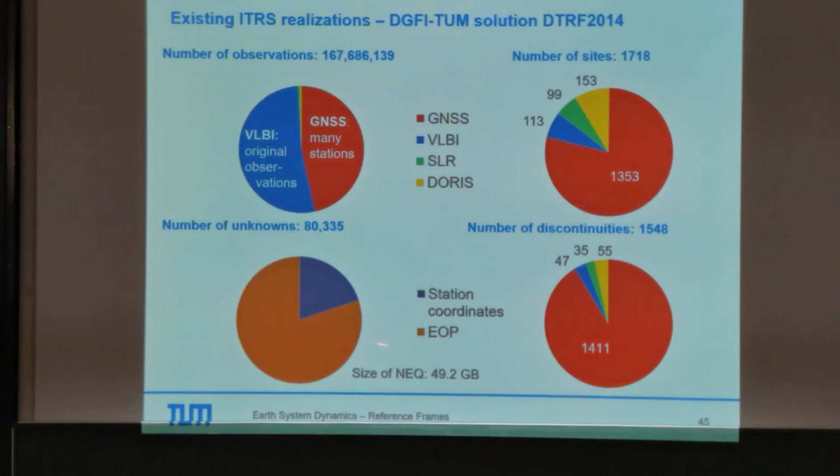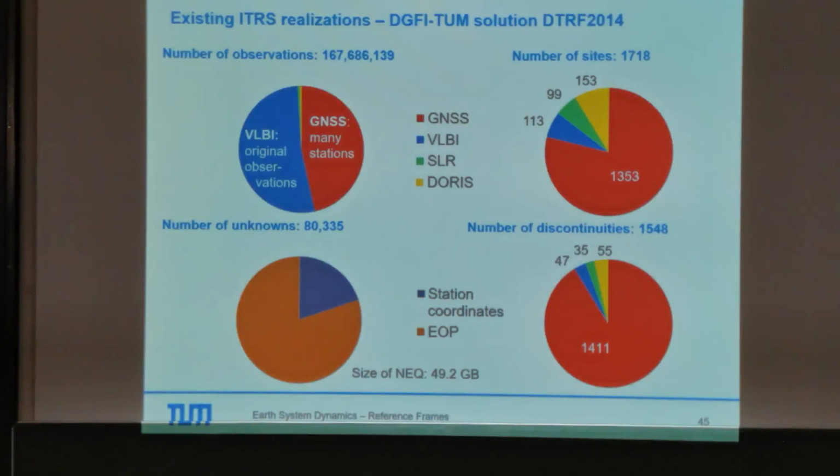This normal equation has now roughly a size of 50 gigabytes. So for the ITRF2008, we used the Linux cluster and the LRZ supercomputer in Garching in order to invert this normal equation. For the ITRF2014, we did this at our home institute, since the computer development was so good.